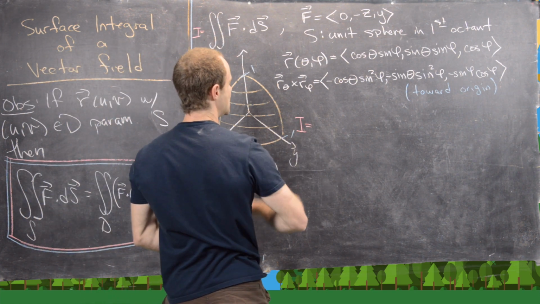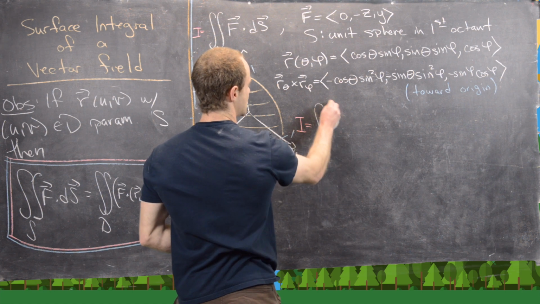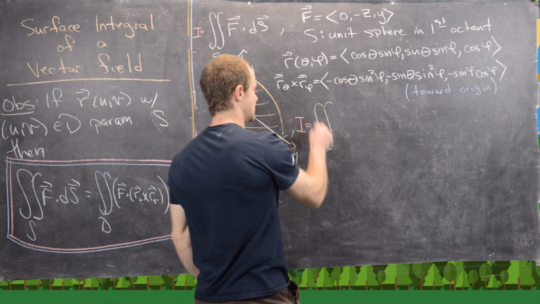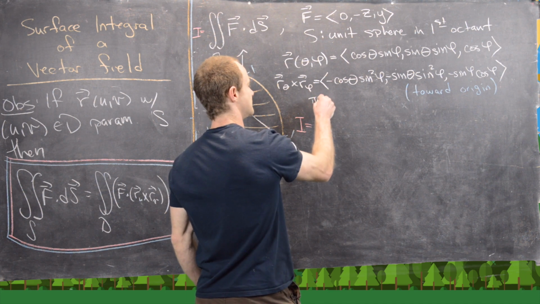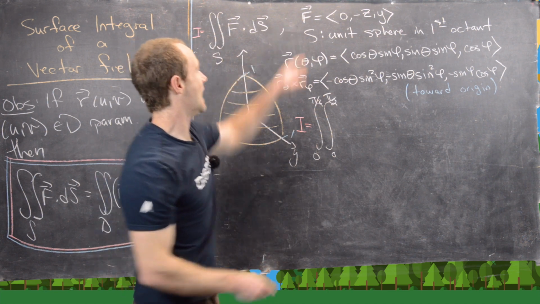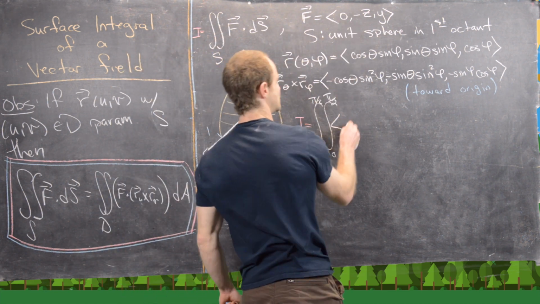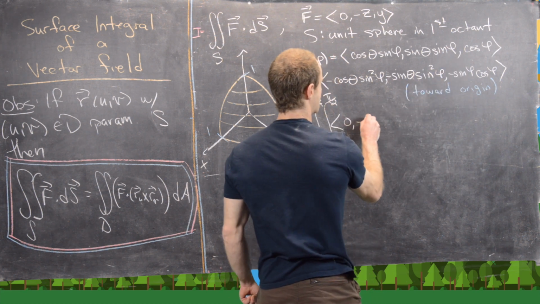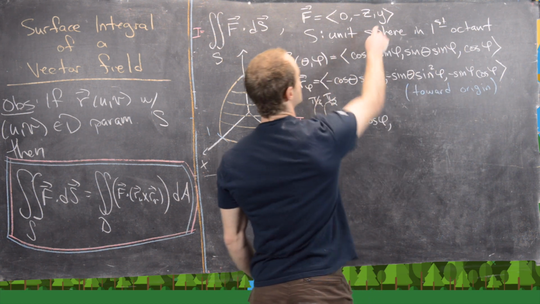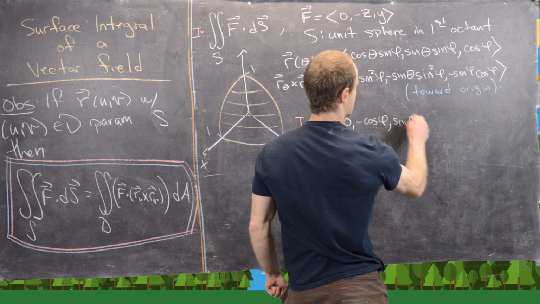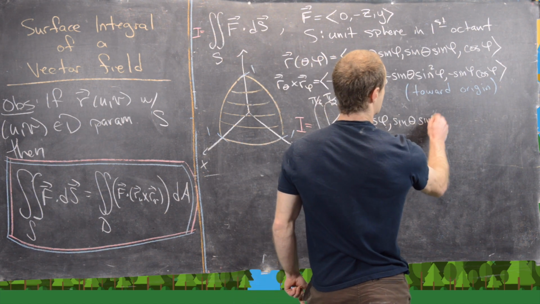Now we have I equals, so this is going to be the double integral over D, but we know what that is. That's going to be 0 to pi over 2 for theta and phi. And then we have our vector field, which is 0 comma minus z, but minus z is minus cosine phi. And then we have y, but y is this thing right here. So sine theta sine phi.